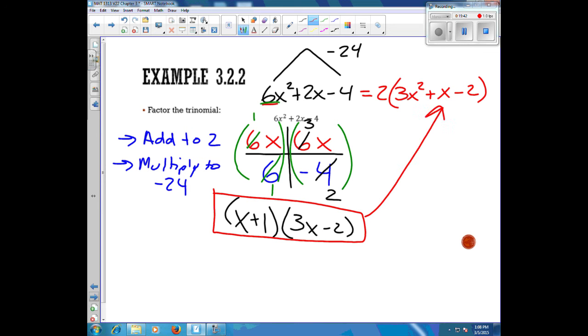Now, if we multiply those two terms together, we'll get what's in the parentheses there. So that common factor of 2 matters if we want to multiply this thing back to get to what we started with.